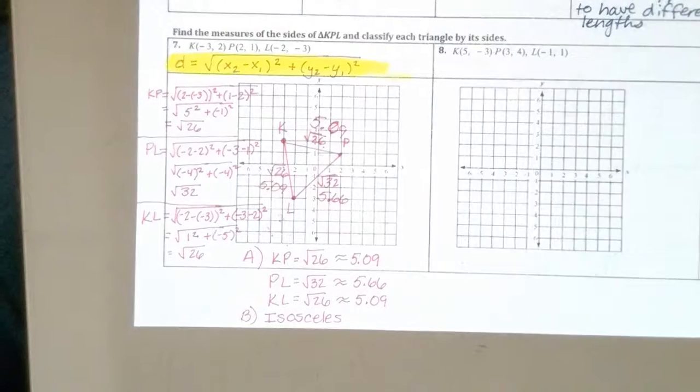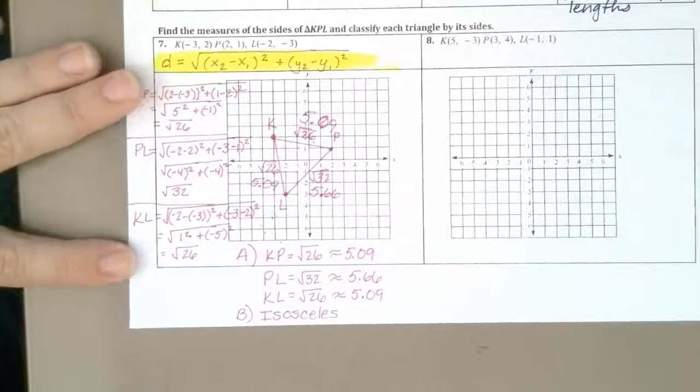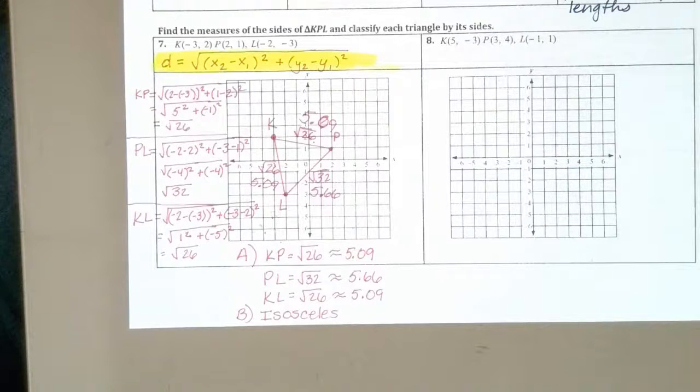So? Okay, you try number 8. It's not a lot of work. It's 3 calculations. Come on, people.